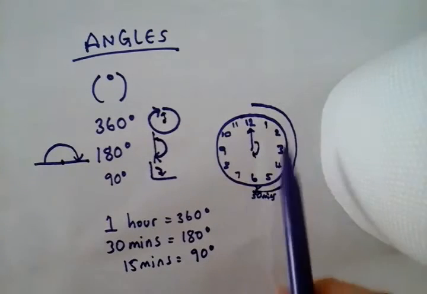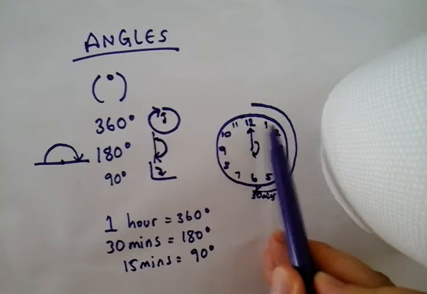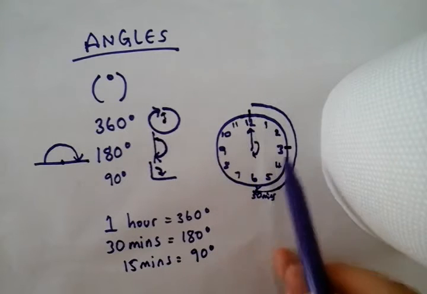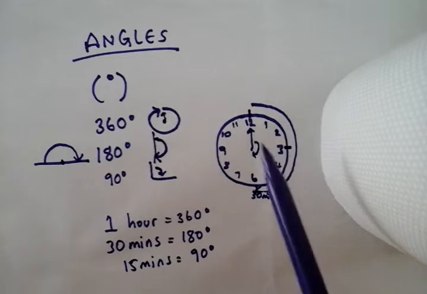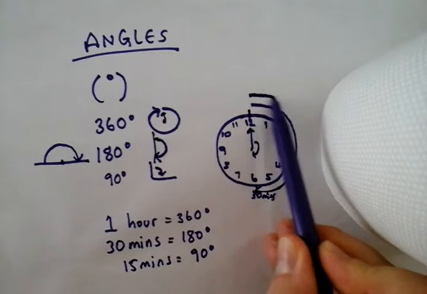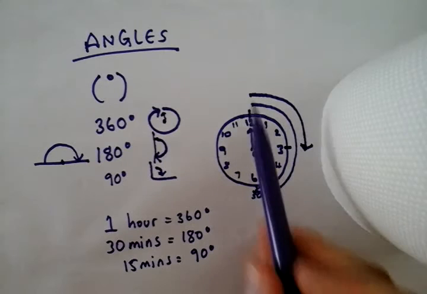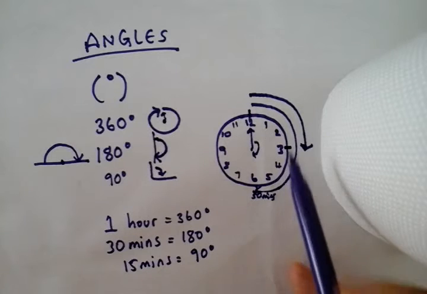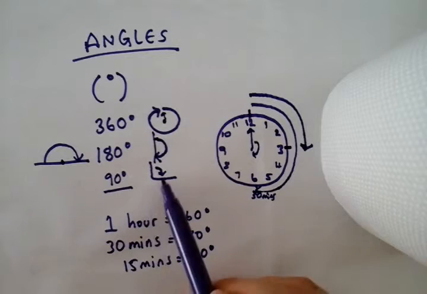90 degrees. So if we look at the clock, let's find 15 minutes. That's 5, 10, 15. It's up to here. Starting from there to there. So if I do the angle again, all the way around, stop here. So start from there. That looks exactly like this one here.